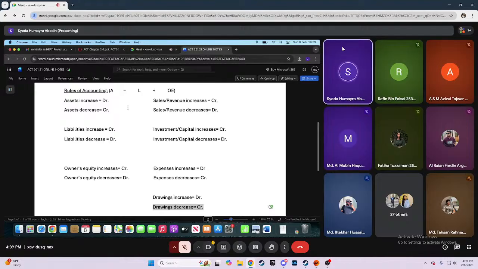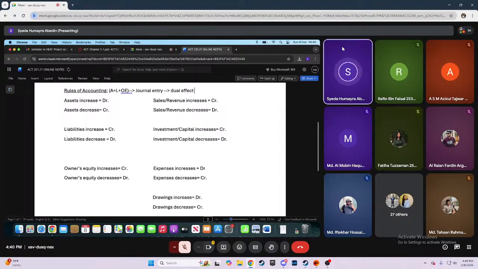All right, now the second thing I would like to discuss is that when we do journal entries using these, remember we did the concept of dual effect.